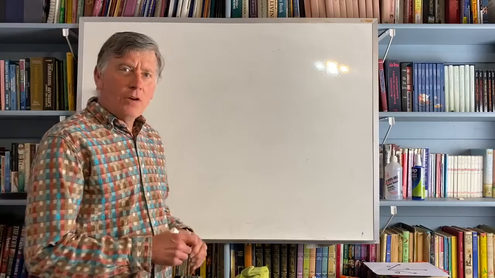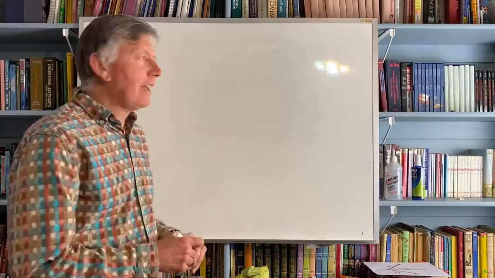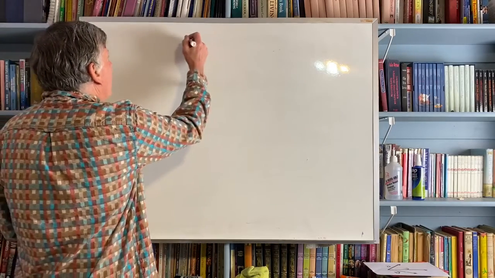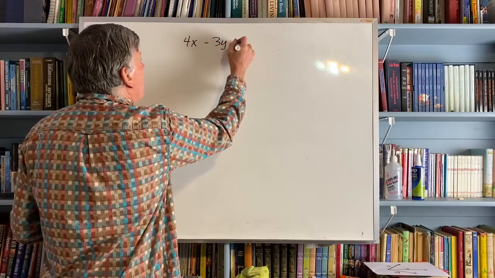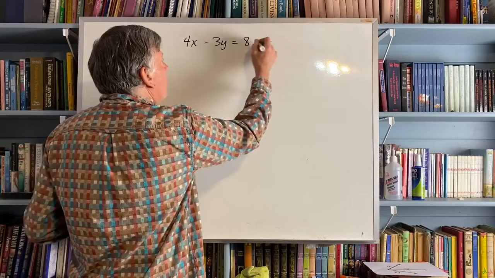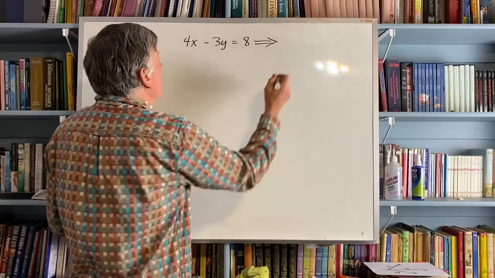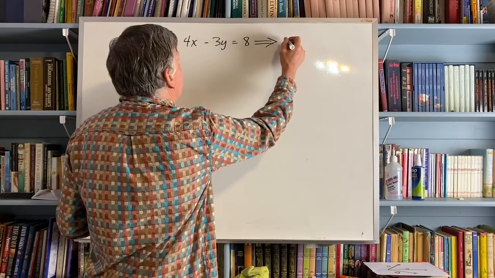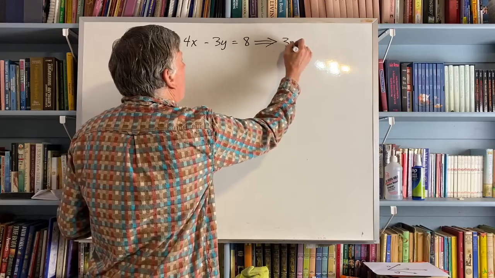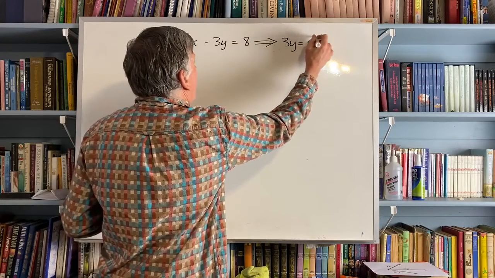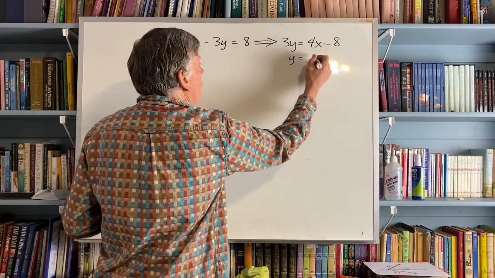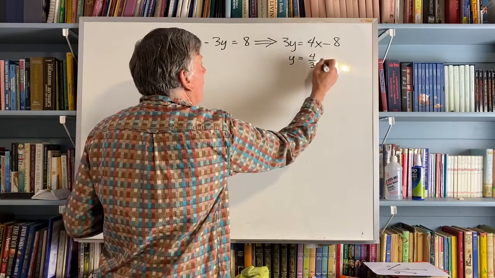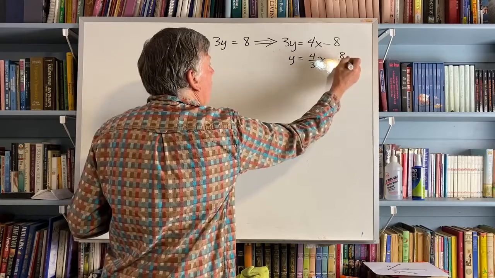And if you recall from basic algebra, if you had an equation like 4x minus 3y equals 8, you could rewrite that to be, in this case I want 3y equals 4x minus 8. And then I'm going to divide both sides by 3 to get y equals 4/3 x minus 8/3.